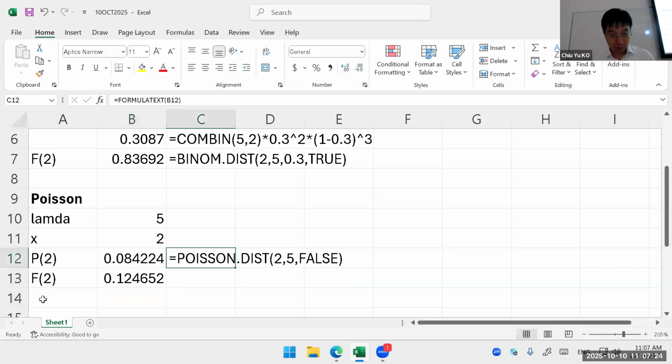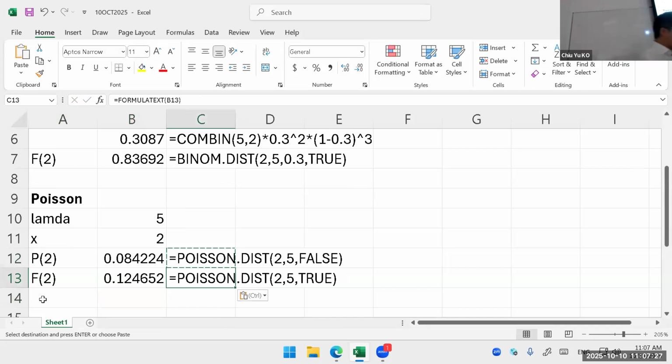If you do that, what we get is the probability that there will be 0 customers come in, 1 customer come in, or 2 customers come in. Is that okay? So this is how you can do the Poisson.